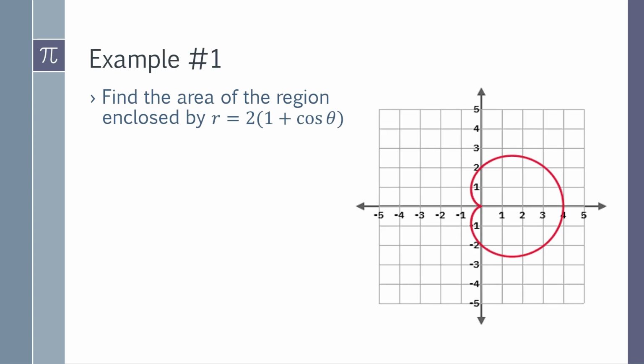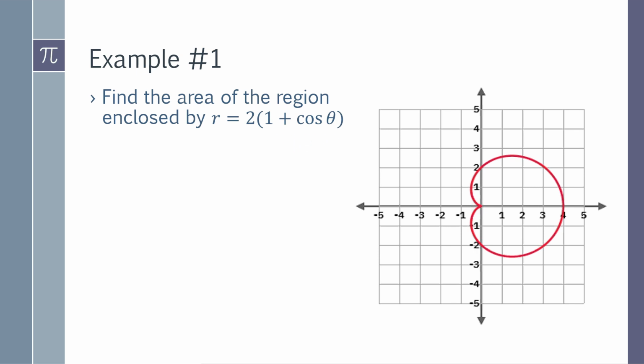So an example of this, if we look at the graph I just made, so here the graph is provided. I want to find the area of the region enclosed by r equals 2 times (1 plus cosine theta). The first thing I need to figure out is what are my bounds. So I need to get a sense of where I am starting, where I am ending.